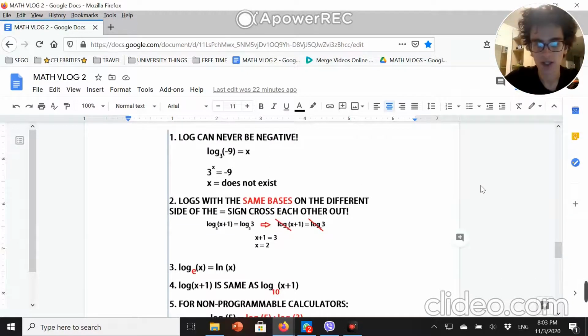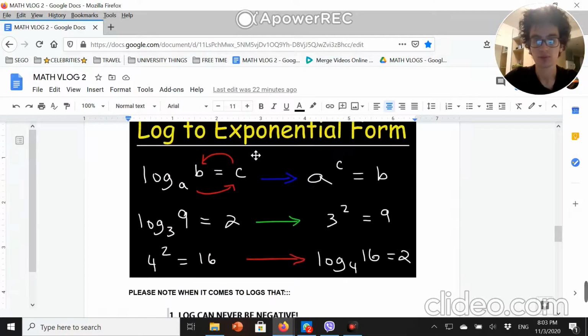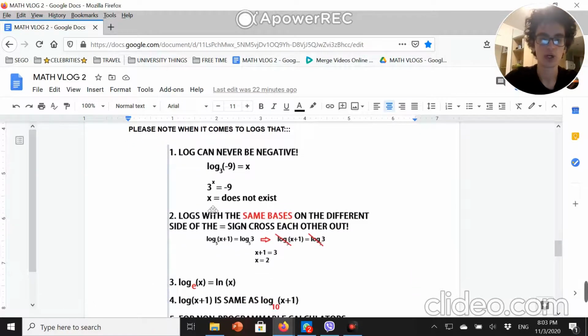Log of negative 9 to the base of 3 equals x. So x is the number that we need to find. To put it into the exponential form, we would write 3 to the power of x to give us negative 9.